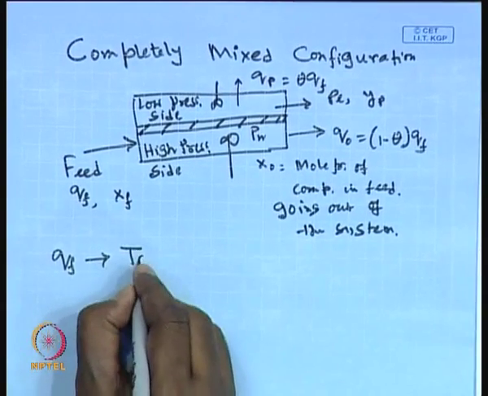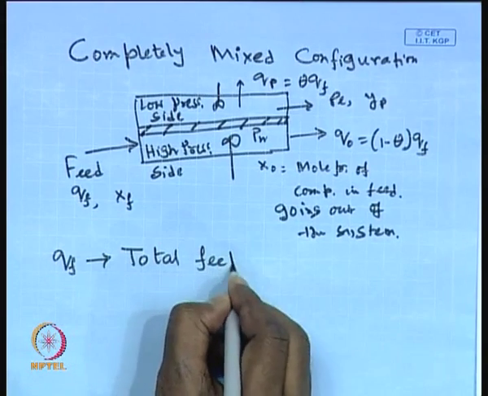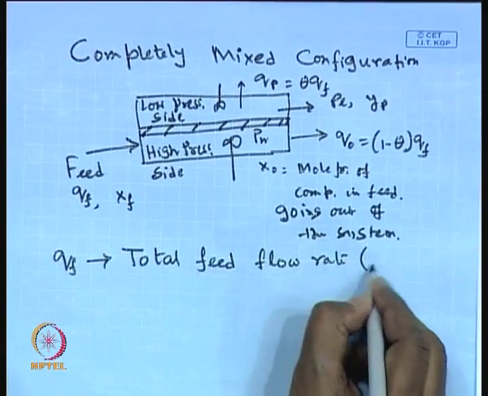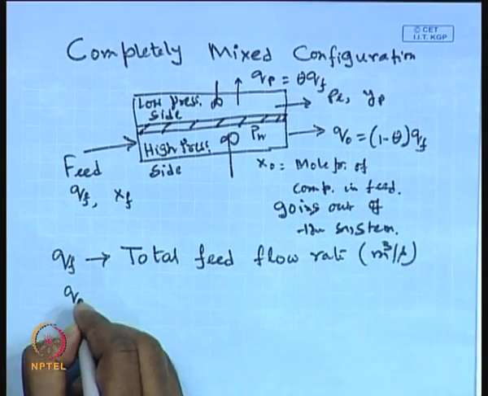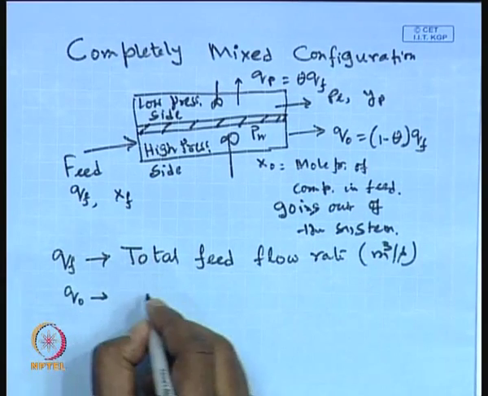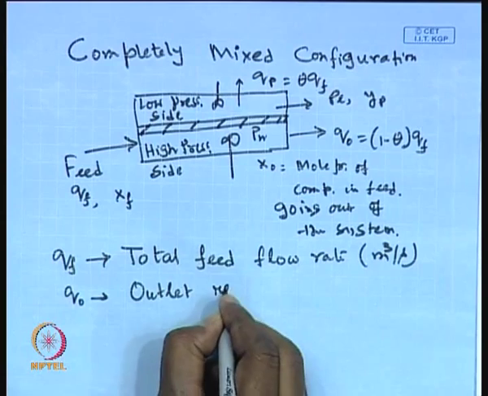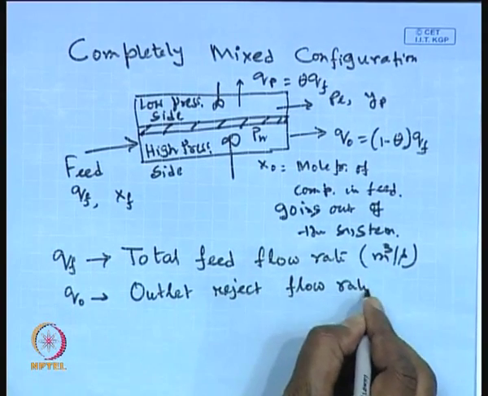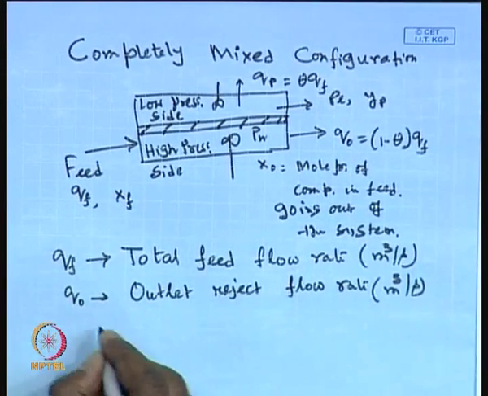Let us write down all the notations clearly. QF is the total feed flow rate, in meter cube per second. Q naught is the outlet reject flow rate, in meter cube per second.